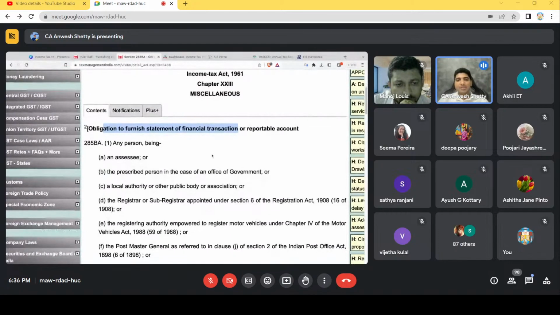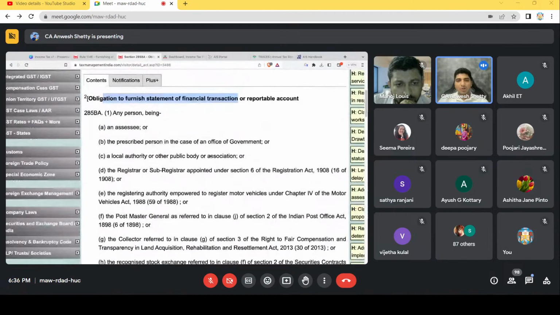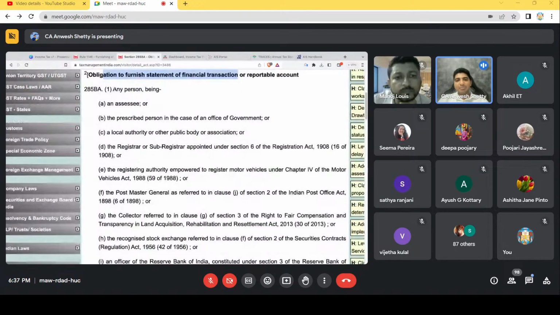Here they are casting responsibility on any person. If you are an SSC, they can ask you to furnish this SFT. If you are a prescribed person in the case of an office of government, if you are a government officer, they can ask you to come and furnish details under SFT. If you are a local authority, they can ask you.